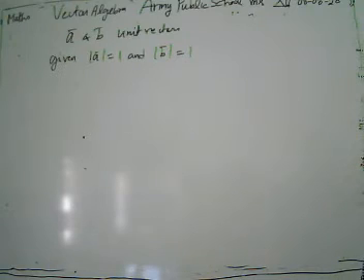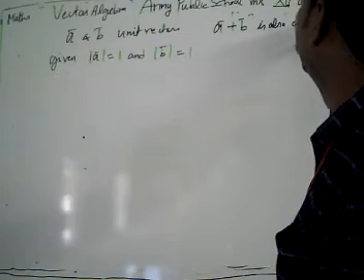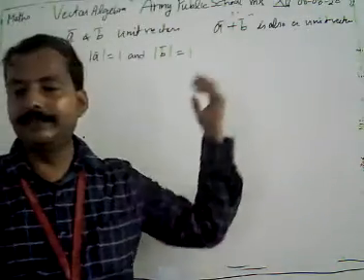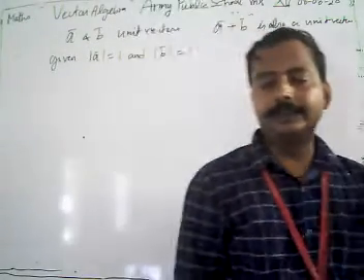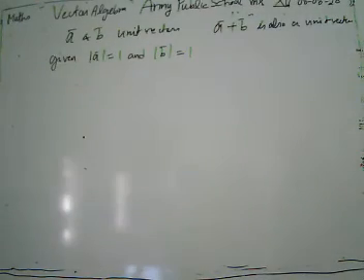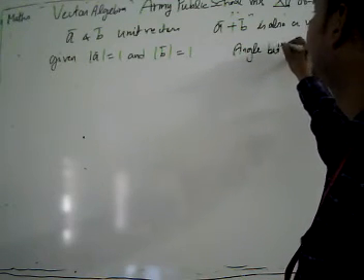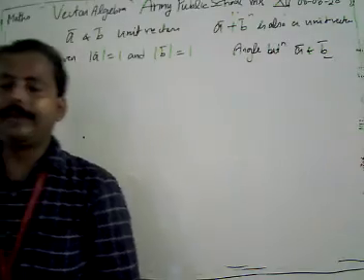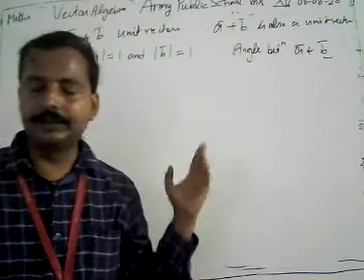If vector A and B are two unit vectors such that vector A plus B is also a unit vector, then find the angle between A and B. In this problem, both vector A and vector B are given as unit vectors, and the sum of vectors A plus B is also a unit vector.